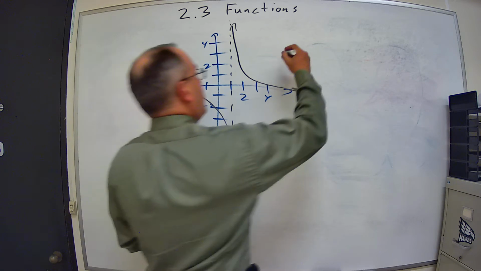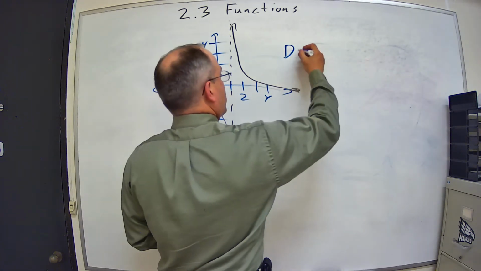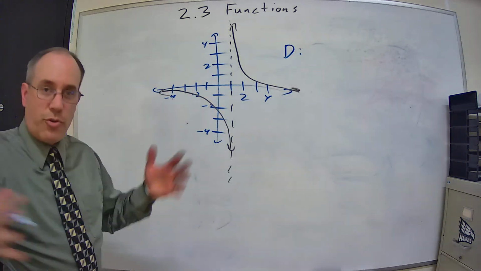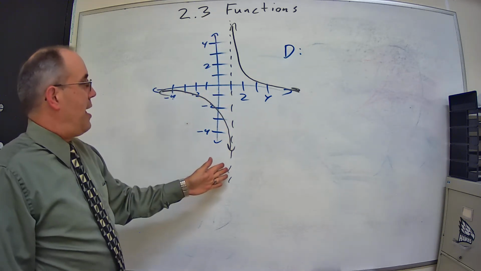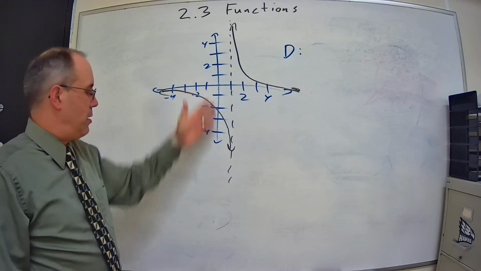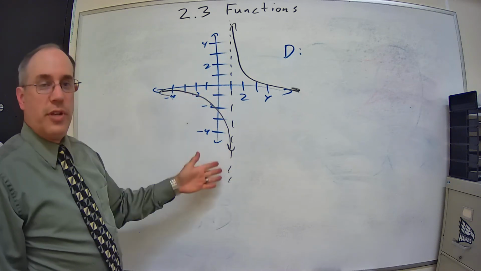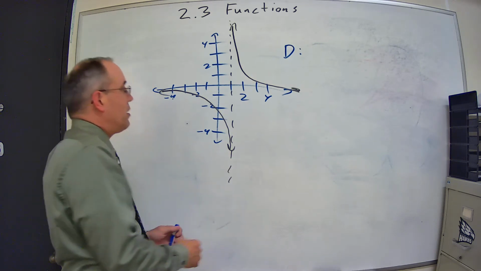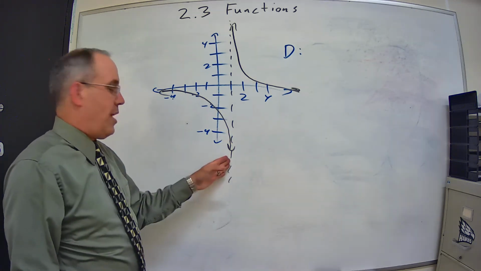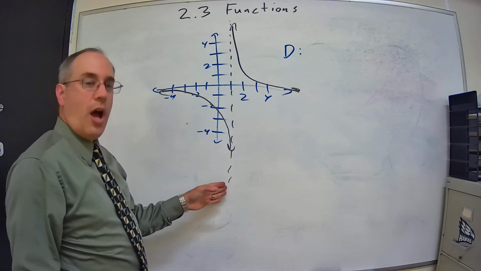Well, the domain is the list of all possible inputs, and we see that at x equal to 1, we have a discontinuity here. We have an asymptote. This is getting closer and closer to x equal to 1, but it's never actually touching it.